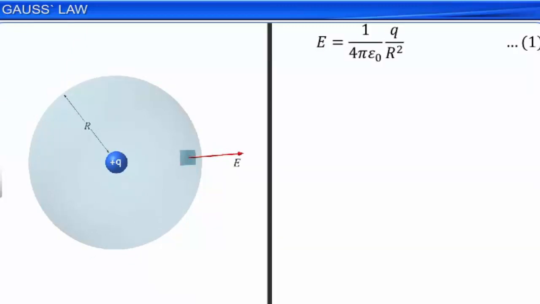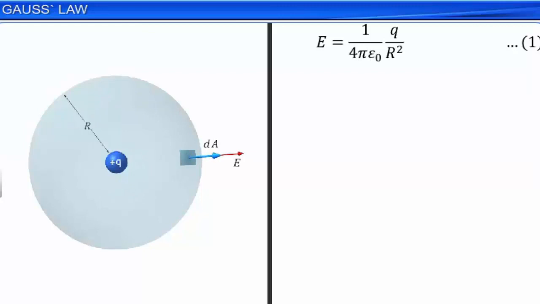Therefore, we see that at each surface point, the electric field strength E is parallel to the area vector dA, which represents the area of an infinitesimally small element on the surface.